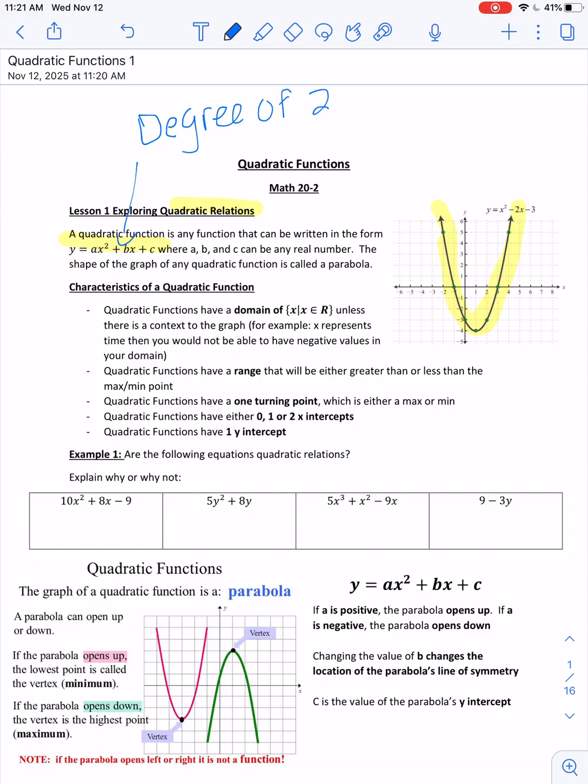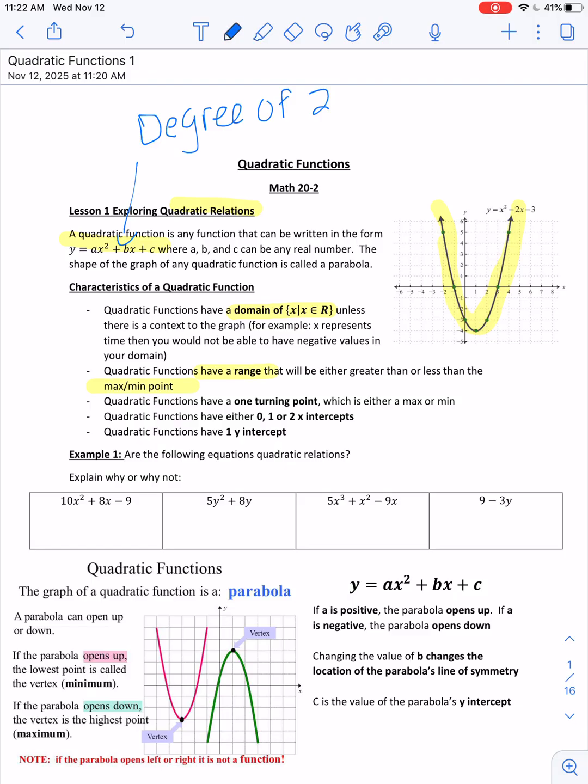Some other important characteristics of a quadratic function is it will have a domain of any real number unless there's a context, like let's say your x represents time or something like that, but all of our quadratic functions should be a domain of any real number. They should have a range that's dependent on the max or min point.